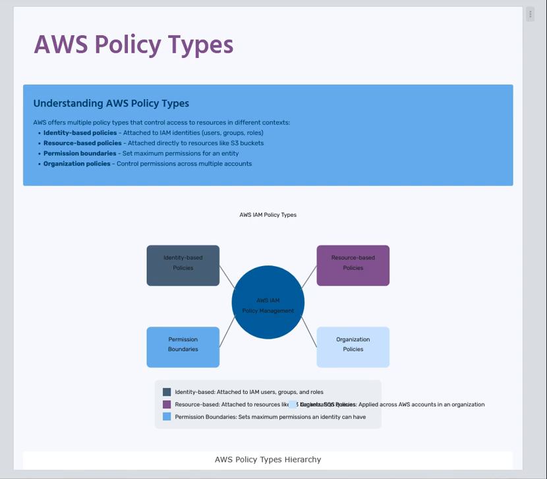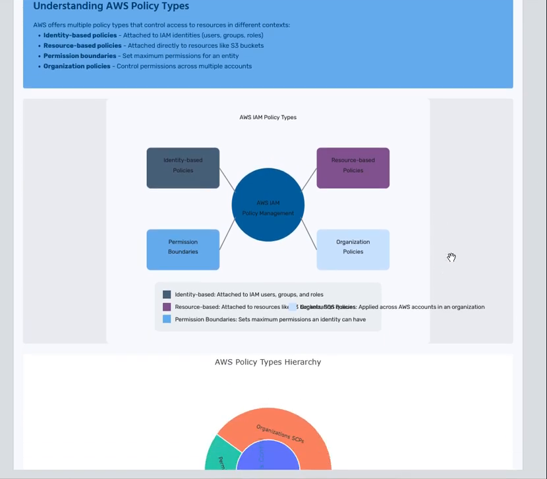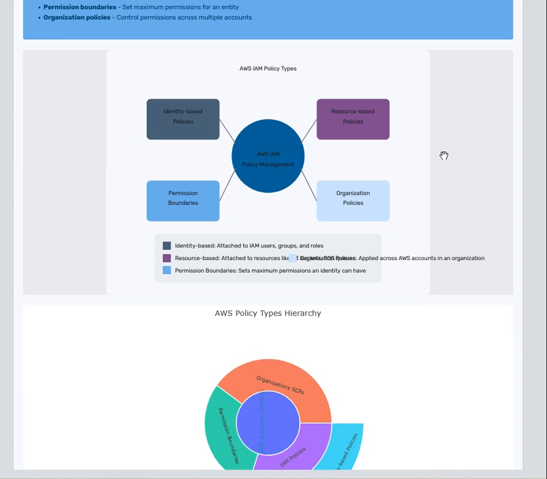The fourth is organization policies, which control permissions across multiple accounts. The following diagram underneath shows those four AWS IAM policy types: identity-based policies, resource-based policies, permission boundaries, and organization policies.